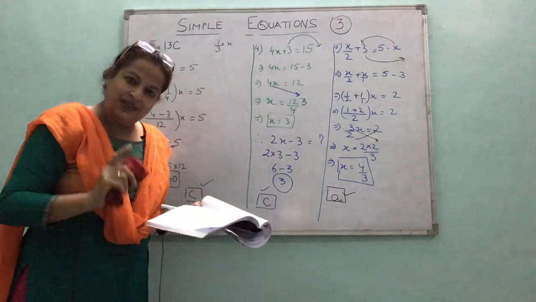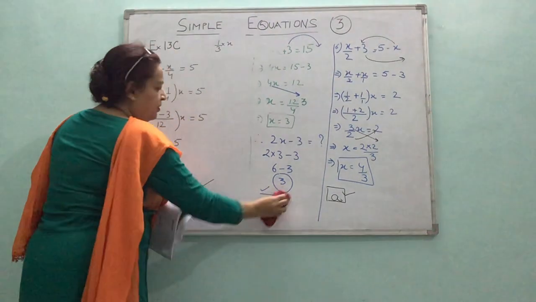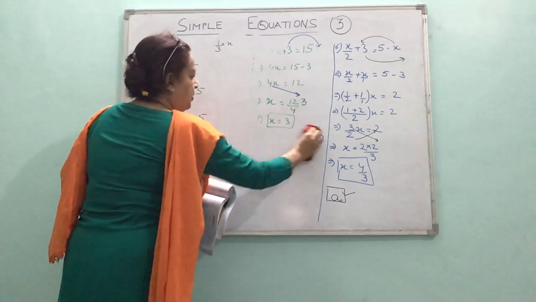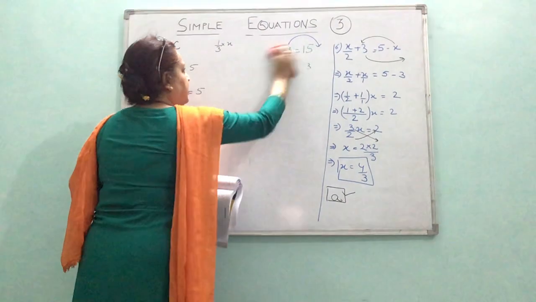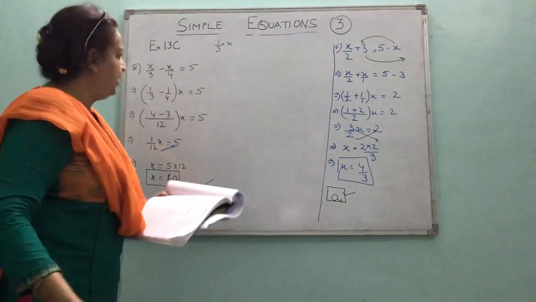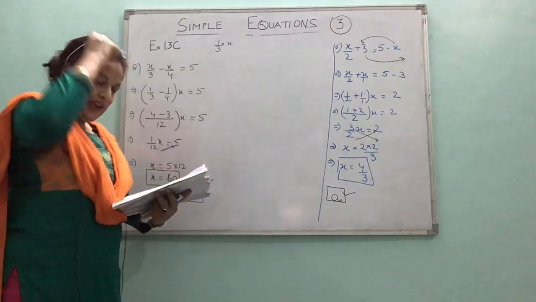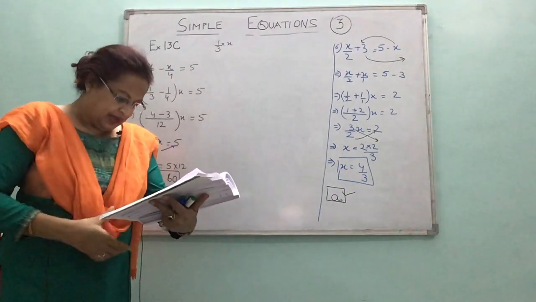Now, question number 10. Your assignment, children, would be to do even questions in your classwork register. Okay, children? So now question number 10. Let's see what question number 10 is. I hope now you are enjoying it because things are very simple.